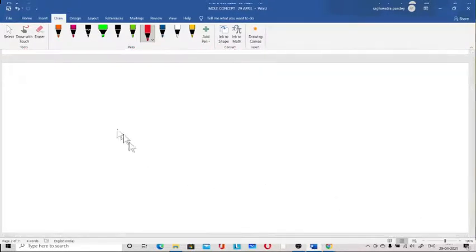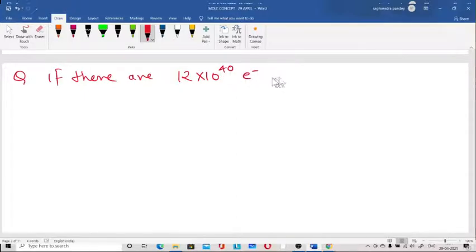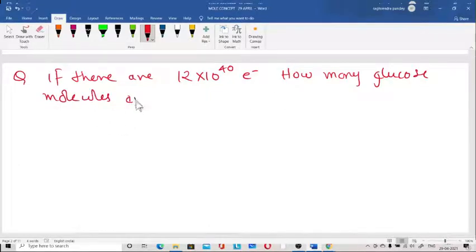Now let's take another question of this type. If there are 12 into 10 to the power 40 electrons, how many glucose molecules are there?